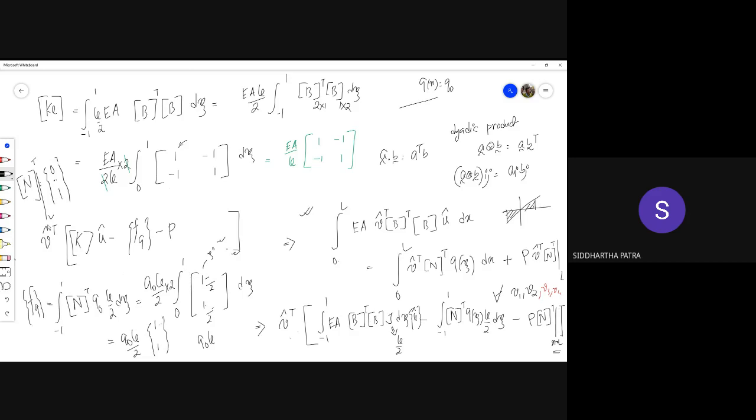So the third term in this system is essentially 0, P. So you applied the P at x equal L and it just appears at the corresponding row. And this is true for arbitrary V hat, basically with the arbitrariness of V1 and V2. For any arbitrary V1 and V2, this should be true.